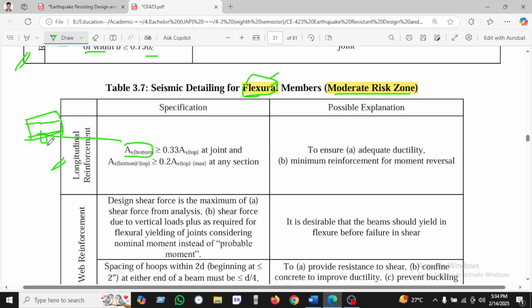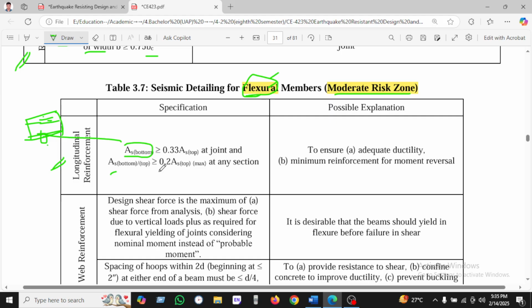If we use 3 bars in the top, then we must use greater than one bar, which is one third of the top. That means we have to use two bars at the joint. In the same way, we see the ratio between bottom divided by top.